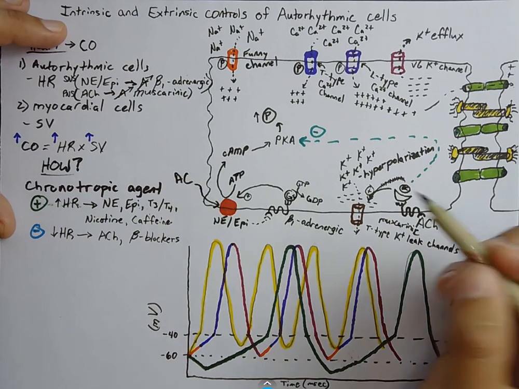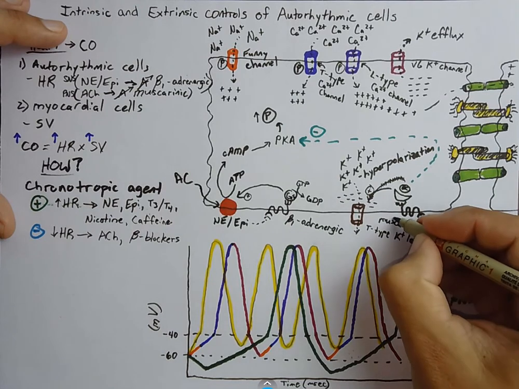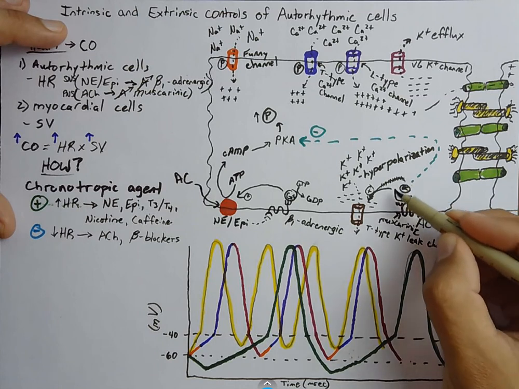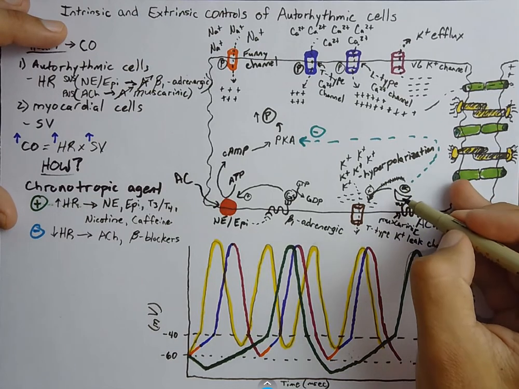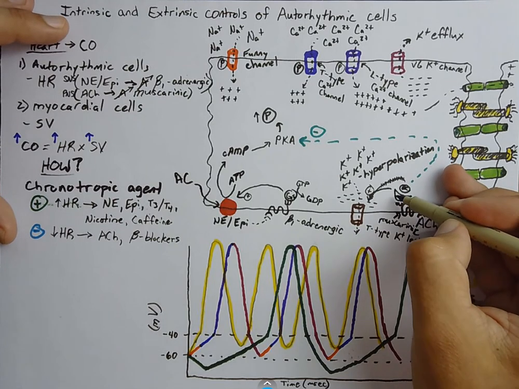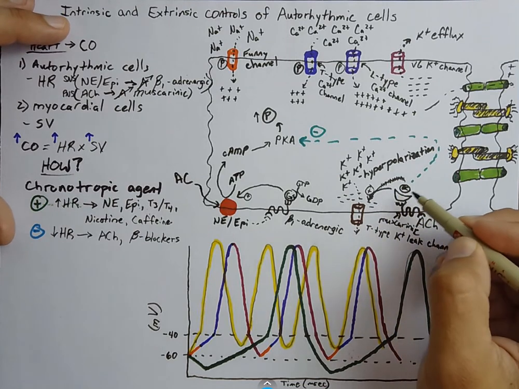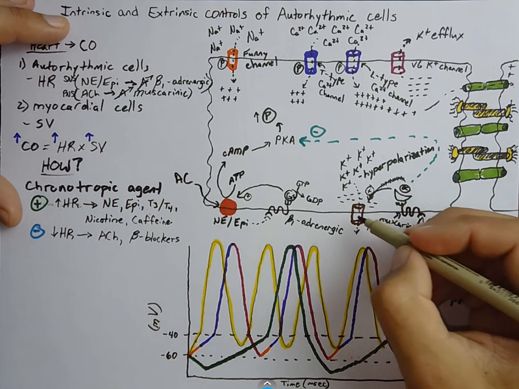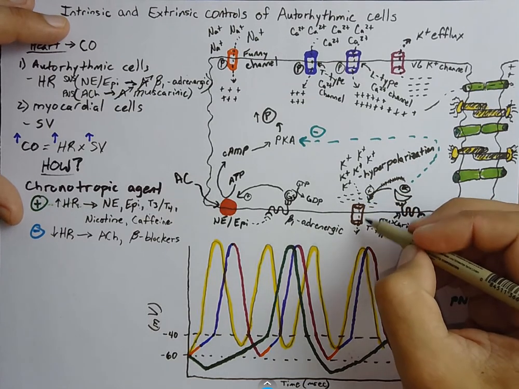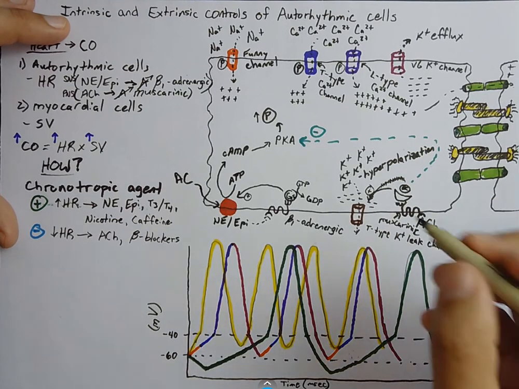Versus something like acetylcholine, which now binds to a muscarinic receptor. This muscarinic receptor has a G protein complex on the inside. It's got alpha inhibitory, beta inhibitory, and gamma inhibitory. The beta and gamma inhibitory subunits are going to basically inhibit an inhibitor, which is going to allow for this potassium leak channel to open up just for a short period of time at the very beginning of this pacemaker potential.